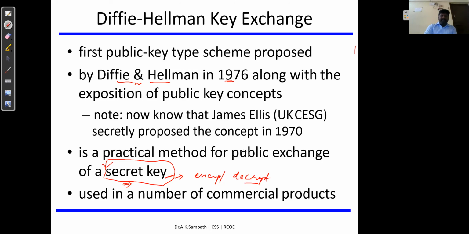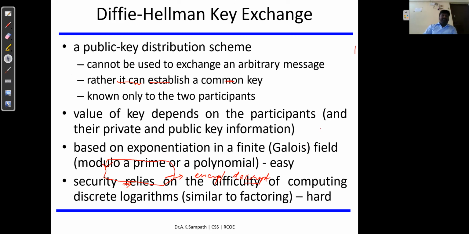Instead, based on certain parameters, certain values which we have selected, we do some calculations, and based on those calculations we can find the secret keys. Those keys can be used for further processing.